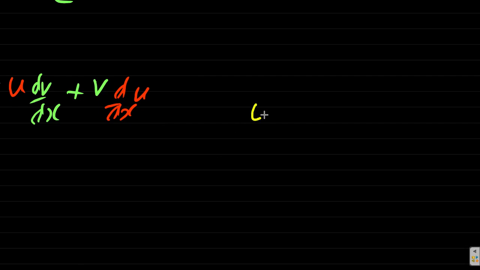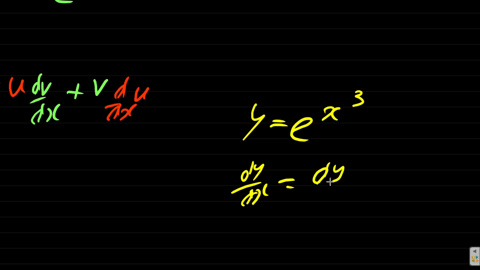Let us say y is equal to e to the x cubed. We're going to use substitution since we have a function of a function. So use the chain rule. The chain rule says dy by dx equals dy by du, that's one link in the chain, times the second link in the chain, du by dx.